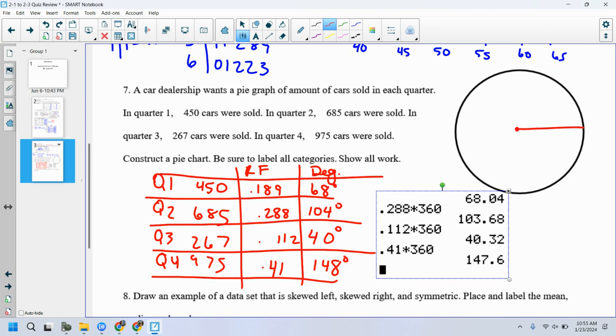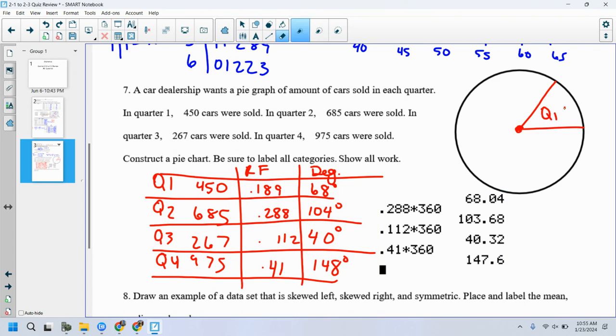Okay. 68 degrees. That's Q1. Okay, something like there. That's Q1 with 18.9% of the data. And then let's put it in a different color. Q2 is going to be 104 degrees.